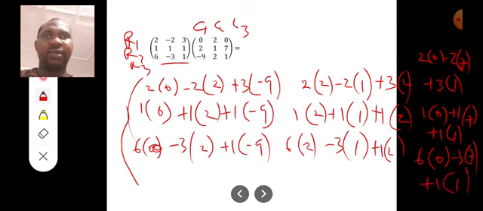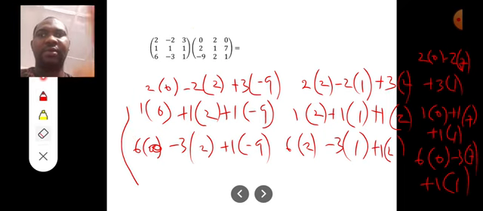Okay, so if we are to combine all of this, what do we have? The first row, first column multiplication is 0 minus 4 minus 36, that's minus 40 here.